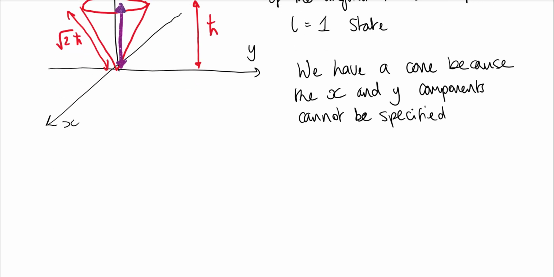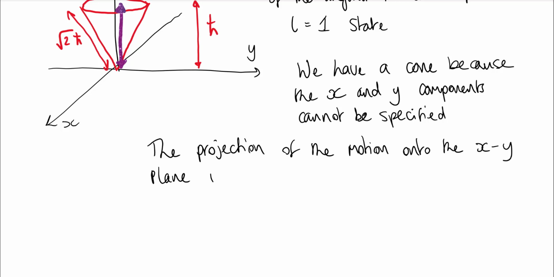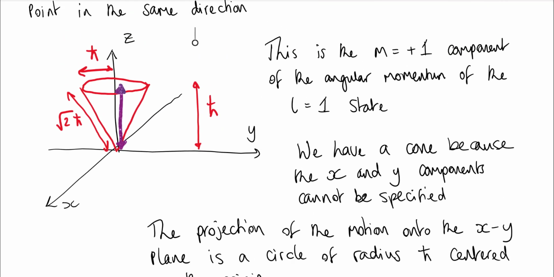And we'll also say the projection of the motion onto the xy plane is a circle of radius h bar centered on the origin. Okay. And so that was this h bar in here.